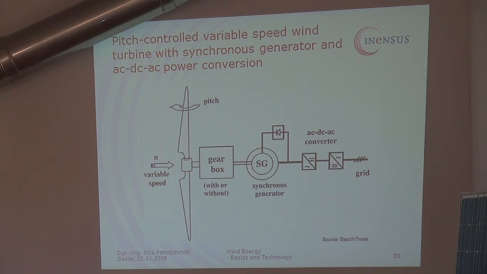For example, if you have a tip speed ratio of 6, the wind turbine produces power with optimum efficiency whenever the tip speed is 6 times as much as the wind speed.